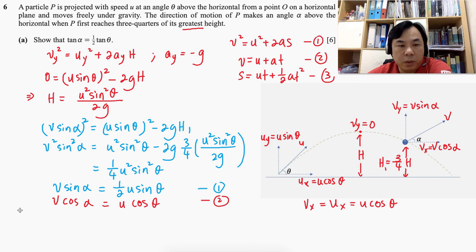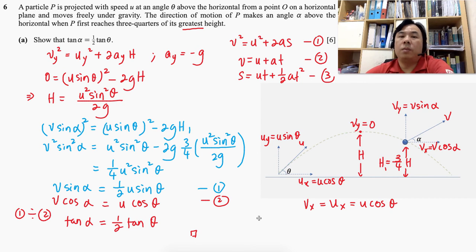By solving both of these, taking 1 divided by 2, for instance, we will be able to obtain tan alpha equal to half tan theta. Is that correct? Good. Now that proves the first statement given there. I hope that is clear. I'm going to move on to question B shortly.